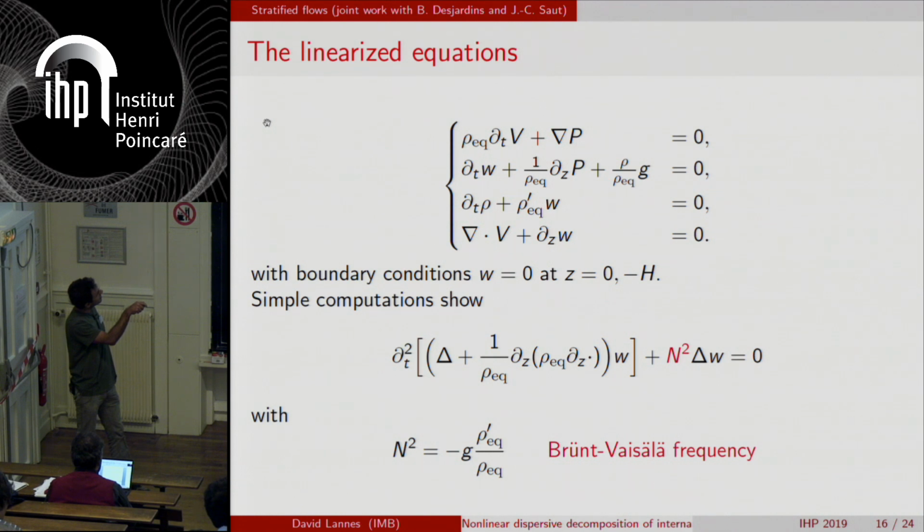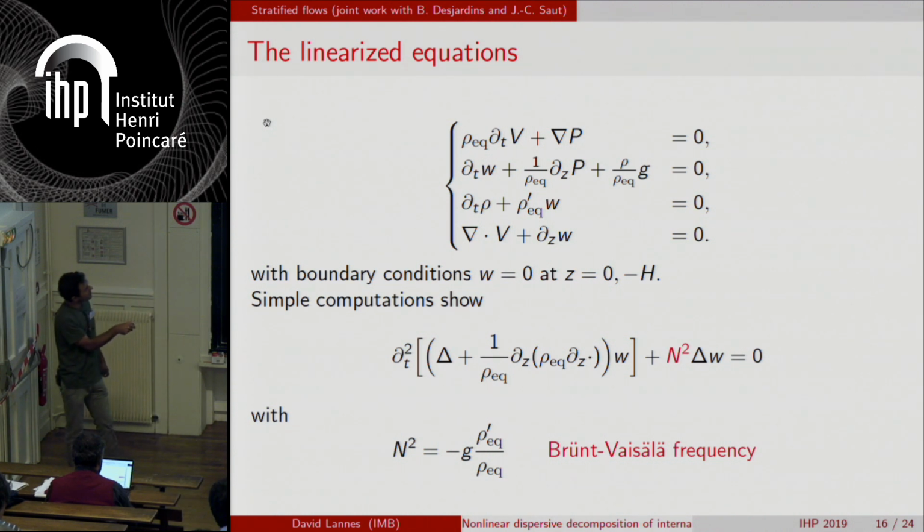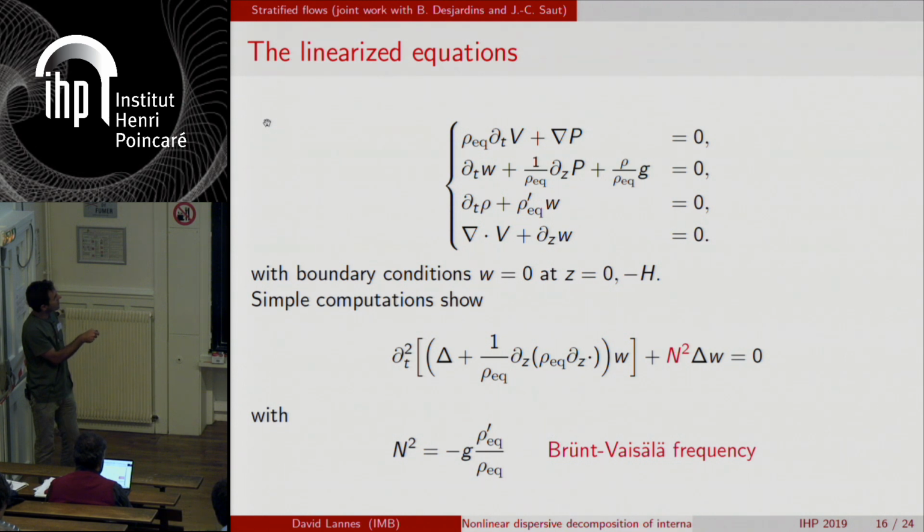And then you can replace the equation of w by this using this equation. And in the end, you obtain an equation on w, the vertical velocity, which is given by this. So this is a complicated equation. It is square of Laplace plus horizontal Laplace plus 1 over rho equilibrium dz, rho ec dz applied to w, plus n square horizontal Laplace of w is equal to 0.